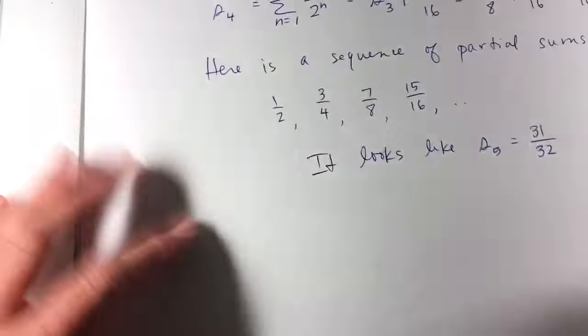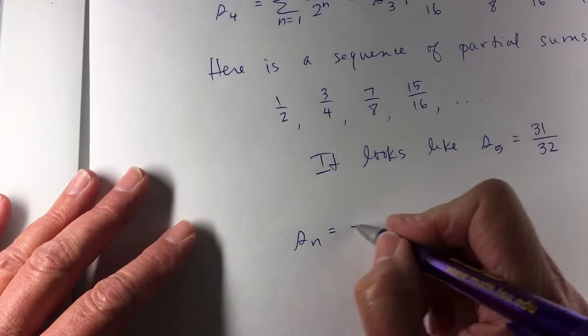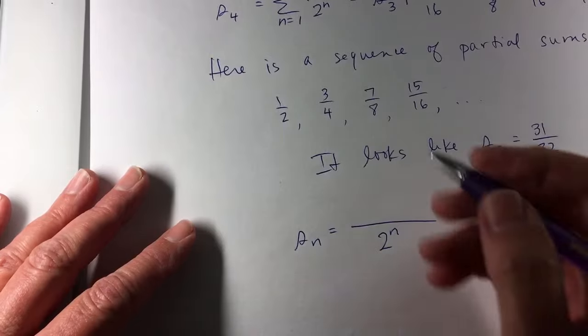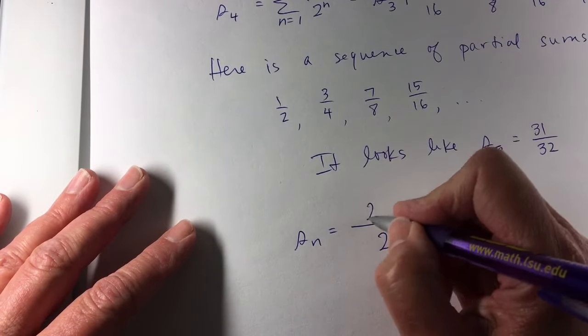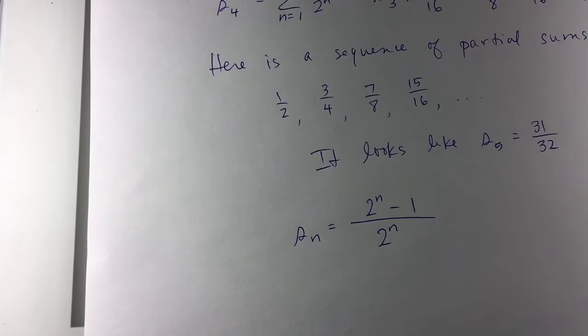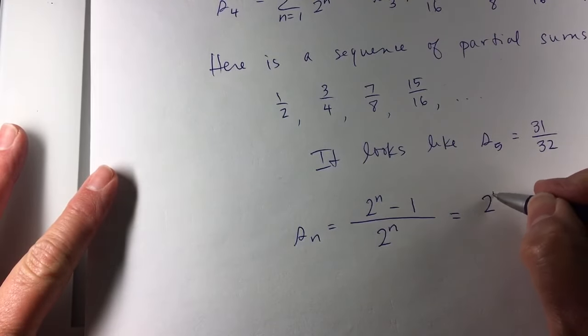So S sub n, the denominator is 2 to the n, and the numerator is 2 to the n minus 1. That I can reduce, or I could write it like this.